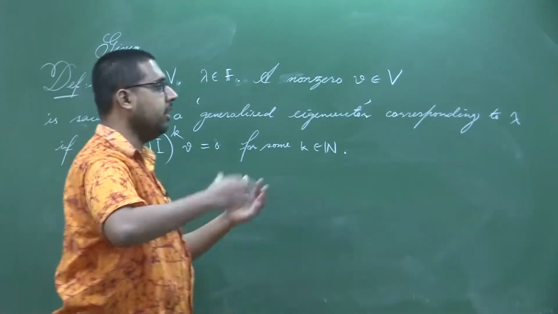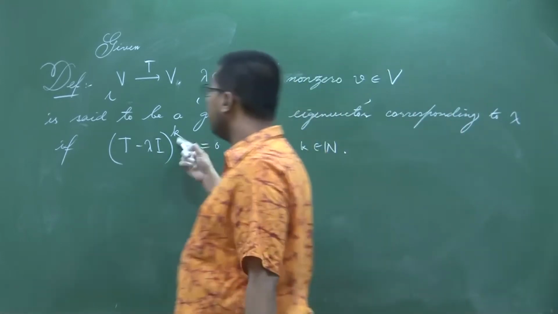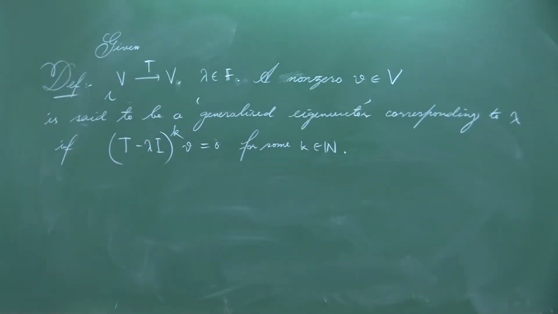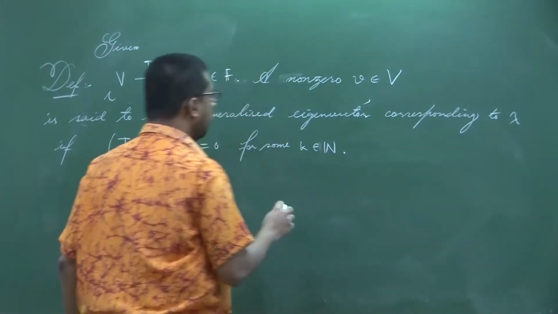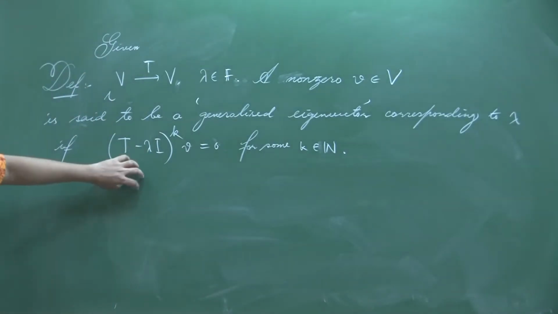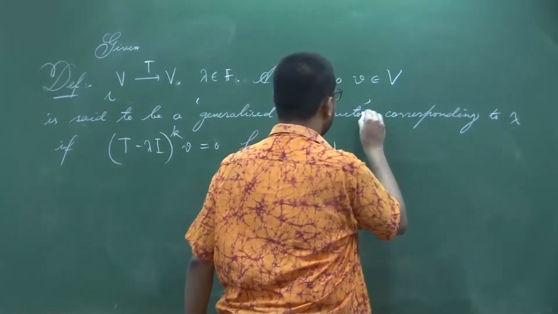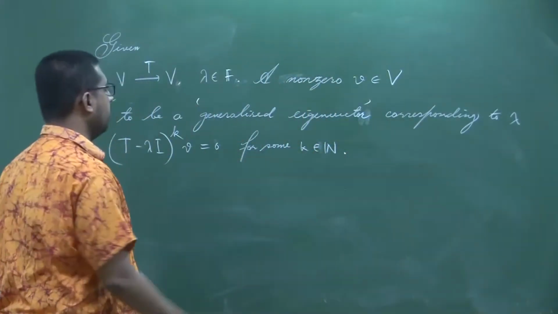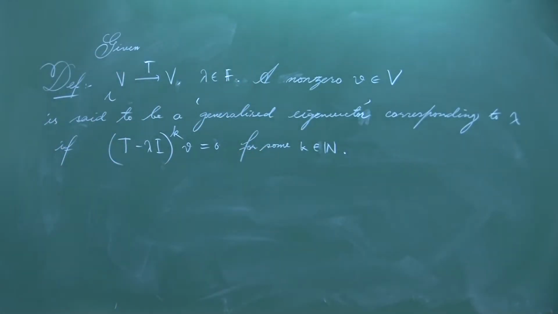I am somewhat relaxing my notions: I am allowing not only the vectors which are killed by T minus lambda I, but all the vectors which can be killed by any power of this operator. Such a non-zero vector, which is killed by a power of T minus lambda I, we call a generalized eigenvector.